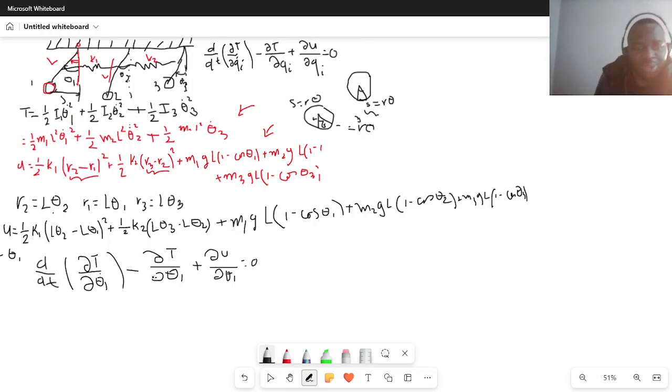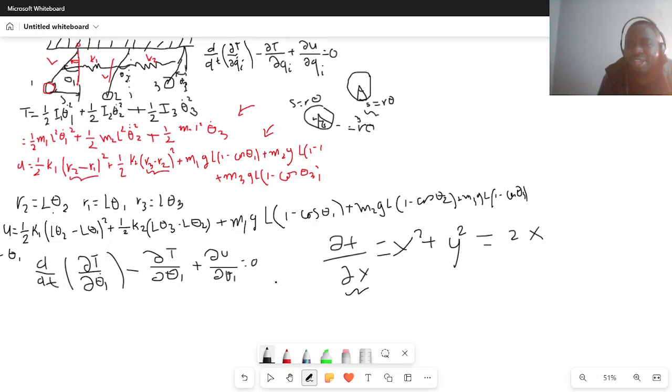Now here we go, guys. What do we do now? Important thing, guys, you have done partial differentiation in math. Remember, if you have the partial of a function, let's say your function is x squared plus y squared, with respect to x, what is the answer? In this case, the answer is 2x, because the variable is x, and whatever is not x is taken as a constant, and differentiation of a constant is 0.